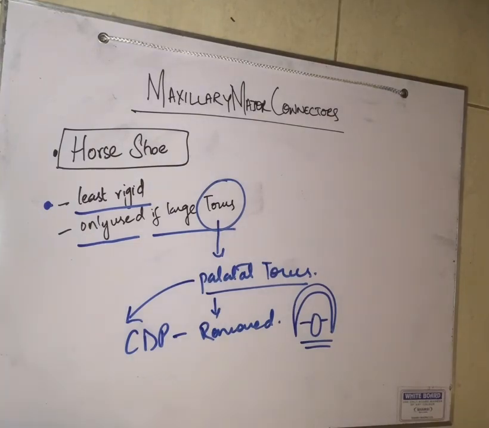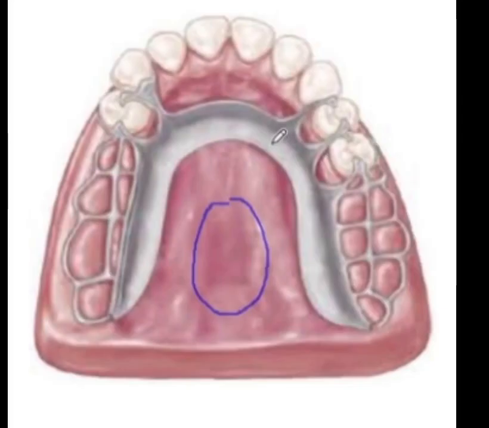Here is a diagram. In this figure we can see the blue line demarcating the palatal tori, and the horseshoe shaped major connector is placed, and we can see that the major connector does not bypass or interact with the palatal torus.